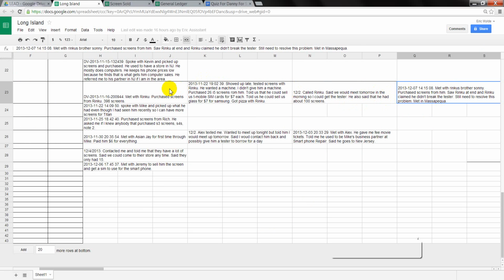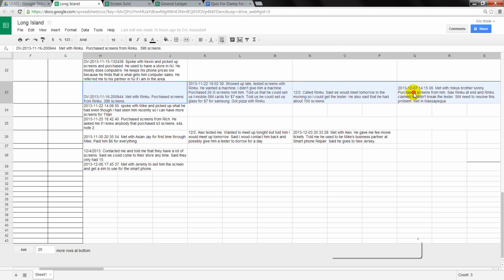The reason why we do this is we can quickly get an idea of what's happening with Rinku. We've met with him almost every 5 days, so we meet with Rinku pretty frequently. If he wonders what happened, we have a real note of what's going on.